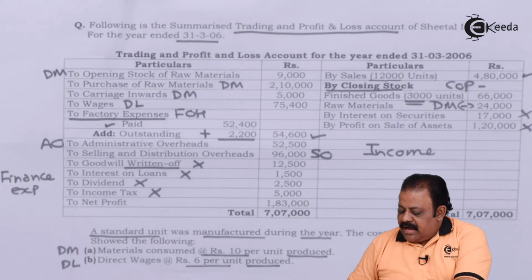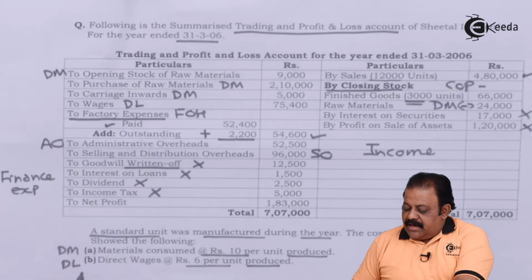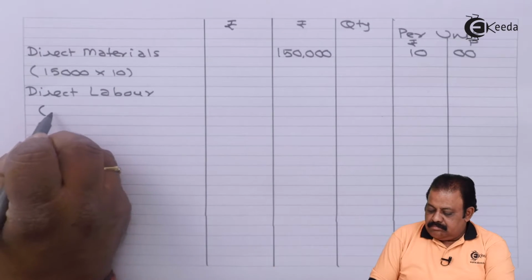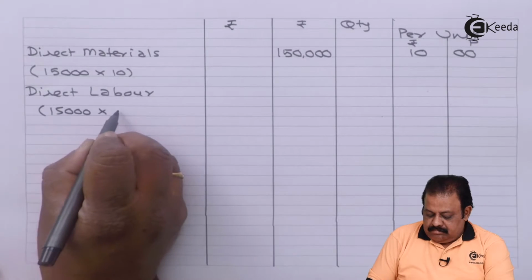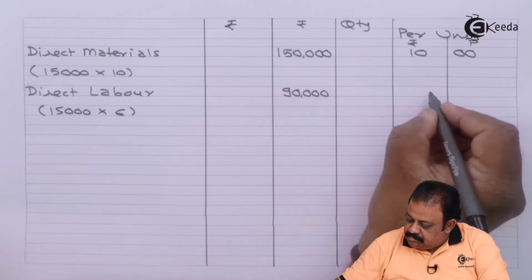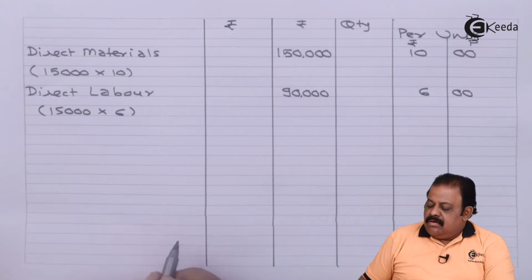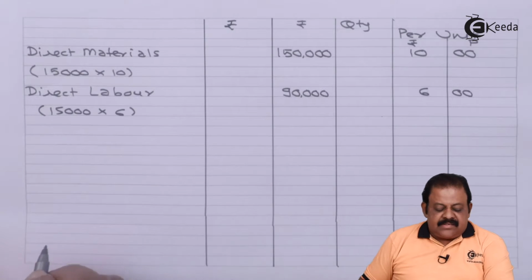Direct wages at the rate of rupees 6 per unit produced. This is the information of direct labor. So it will be rupees 90,000, per unit it will be rupees 6.